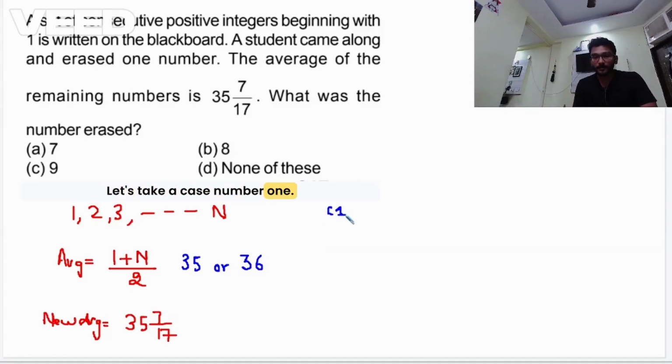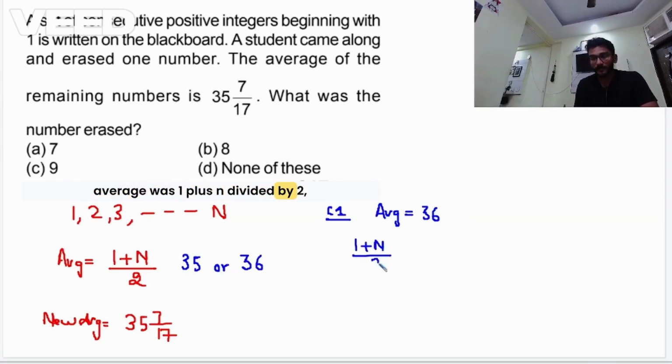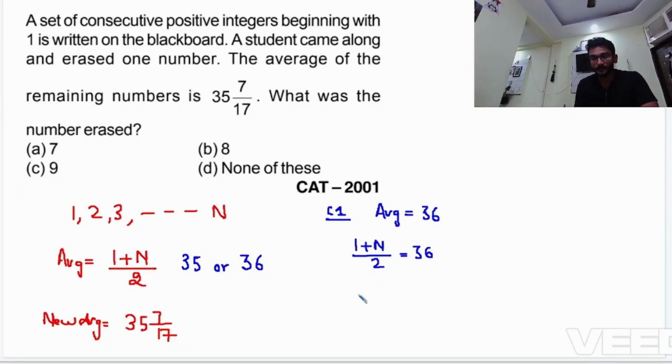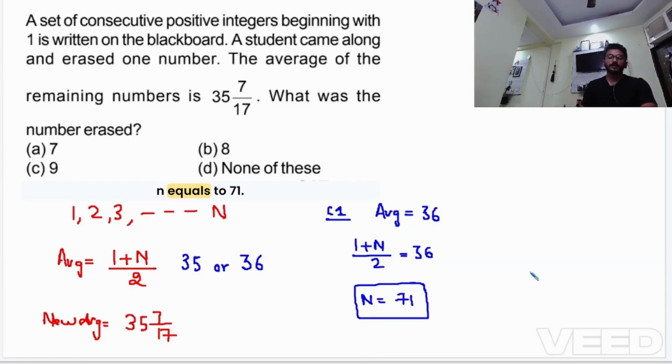Let's take case number 1. If the old average was 36, my average was (1 + n) divided by 2, which is 36, which will give me n equals 71.